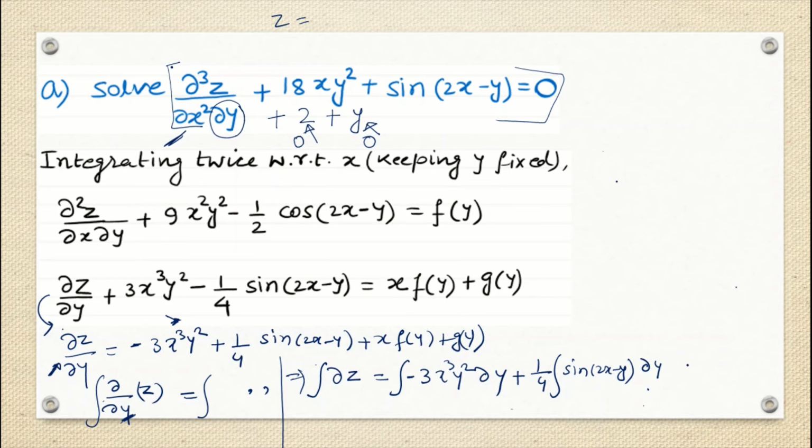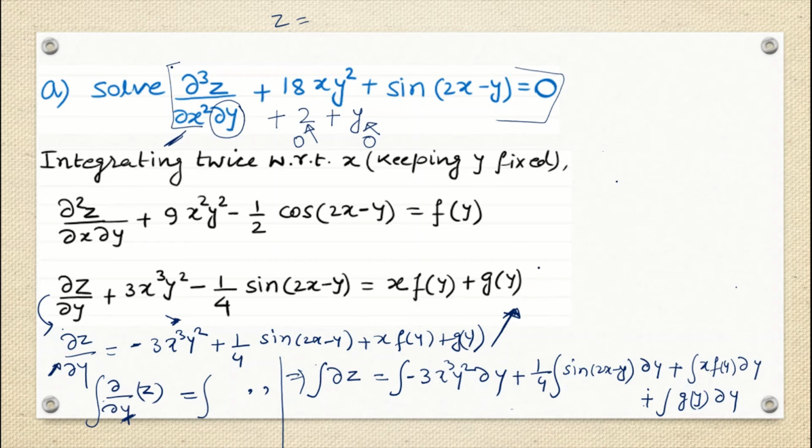Okay, plus integration of f(y) ∂y, and then plus integration of g(y) ∂y, correct? So integration with respect to y, if I am writing down the right hand side. So right hand side is how much?